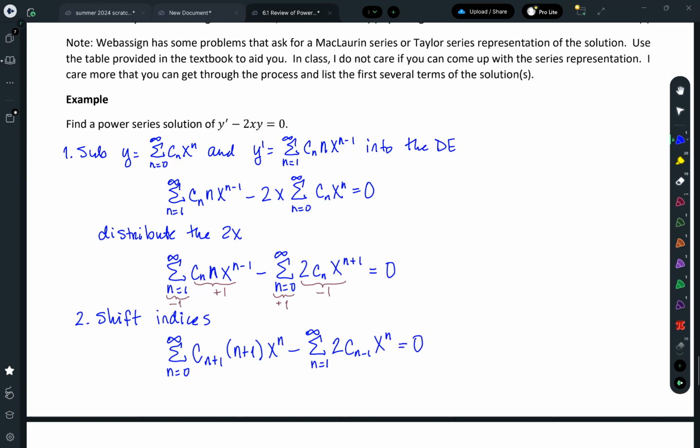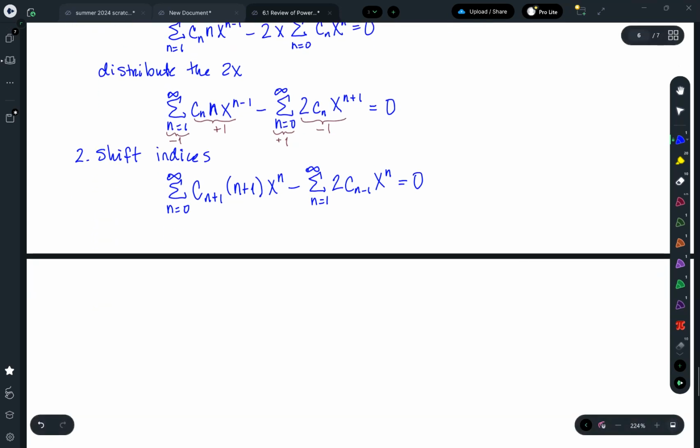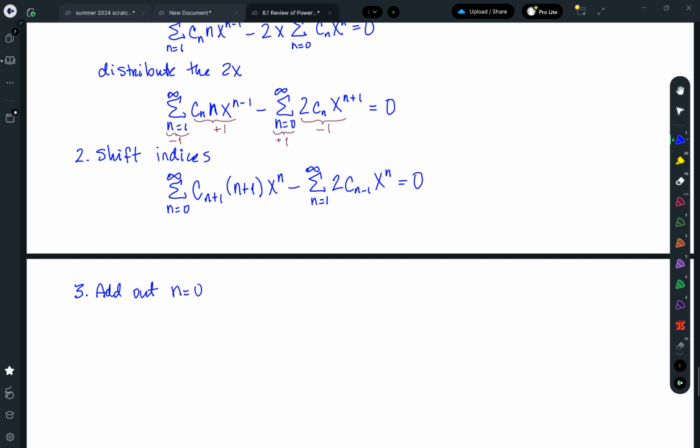And then the next thing I want to do is add out any terms to make the counter start in the same place. So we're going to add out, and it looks like I need to add out the n equals 0 term in the first series. Then they'll both start at 1.